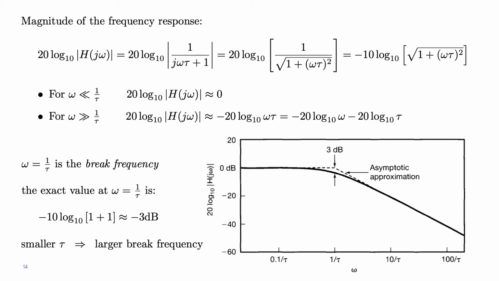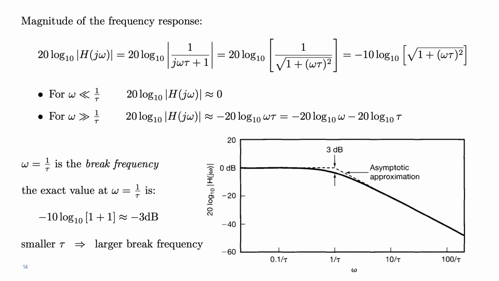This is just an asymptotic approximation. If we wanted to calculate the exact value, so not the approximated one, then we would look closely at what happens for omega equal to 1 over tau, which is called the break frequency.